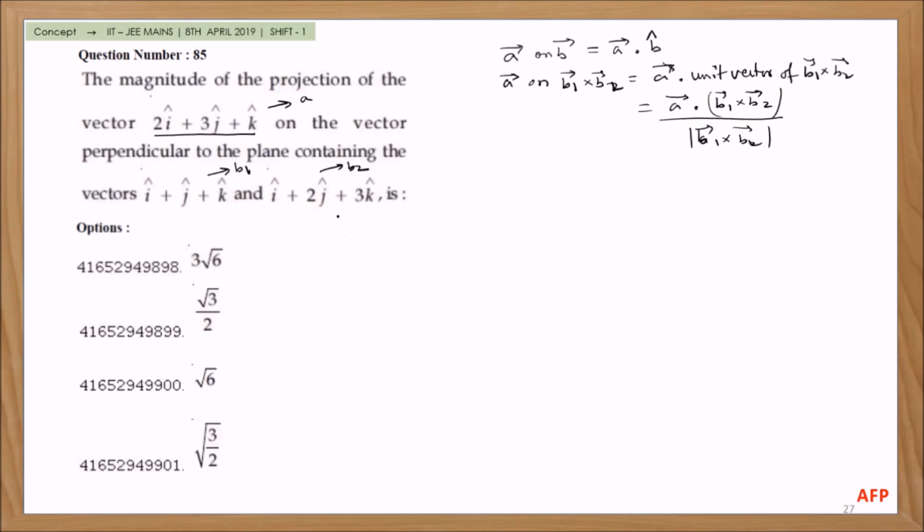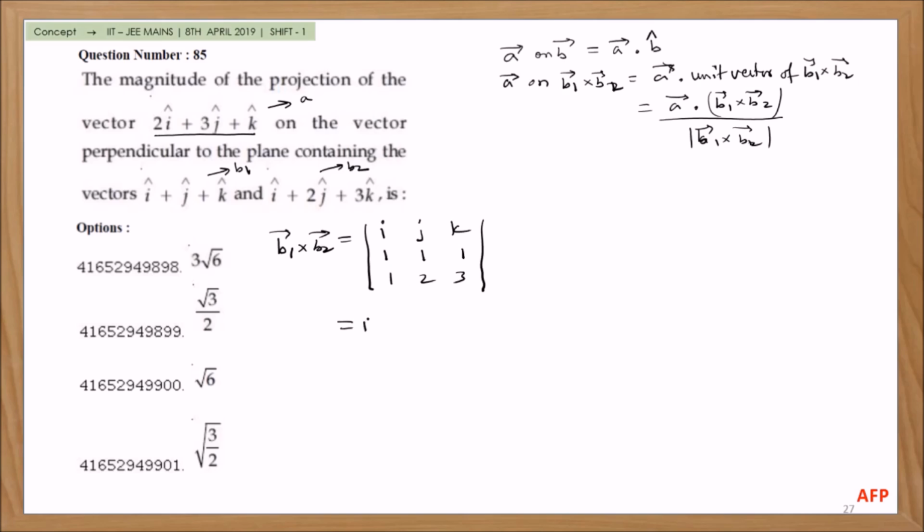So first we will find B1 cross B2. B1 cross B2 is nothing but: first row as it is i j k, the second row the coefficients of i j k of B1, the third row the coefficients of i j k of B2, which are 1 2 3.